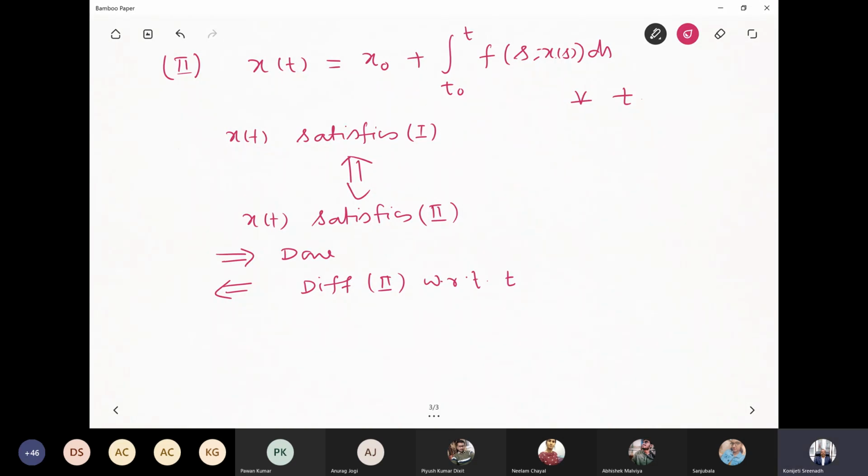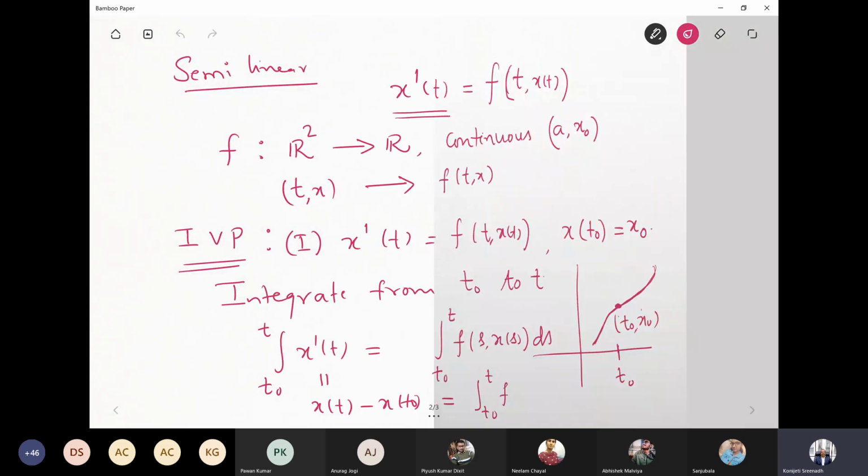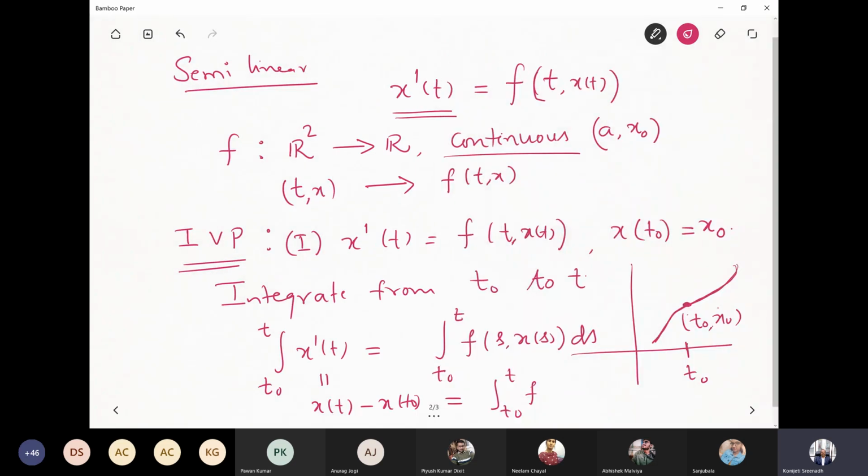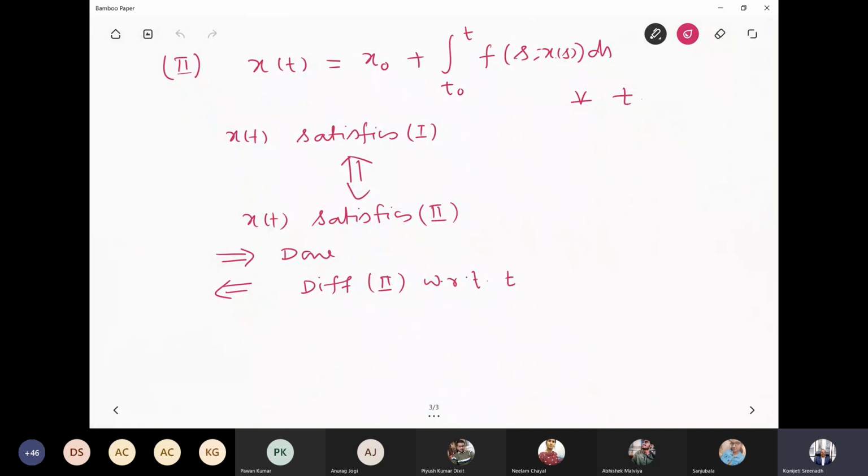If I differentiate 2, first of all, we assume that this f is a continuous function, as I said in the beginning itself. Since f is continuous, and if you expect x to be a continuous function which satisfies equation 2, then the integral of a continuous function is differentiable. Therefore x(t) becomes differentiable. So any continuous function satisfying 2 is automatically differentiable.